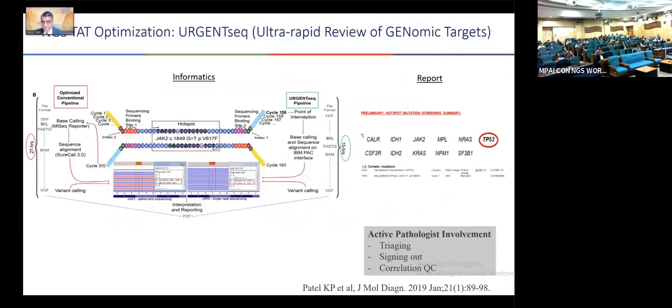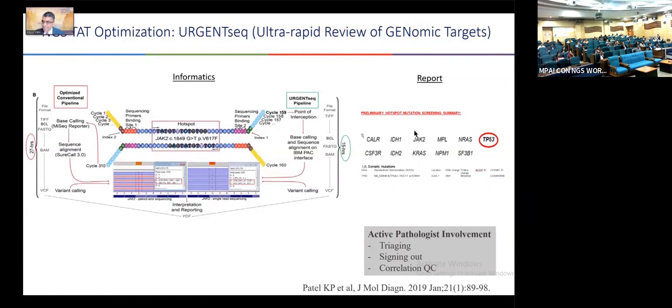We call it UrgentSeq, Ultra Rapid Review of Genomic Targets, where we are essentially capturing the live sequencing data from a live sequencing run when it passes a certain cycle and performing genotype calls on that unidirectional sequencing data, providing useful information for diagnostic markers such as JAK2, MPL, calreticulin, or predictive markers such as IDH1, IDH2. We've recently also added P53 to this list. This really provides a very useful approach without adding much cost to our sequencing cost and effort.